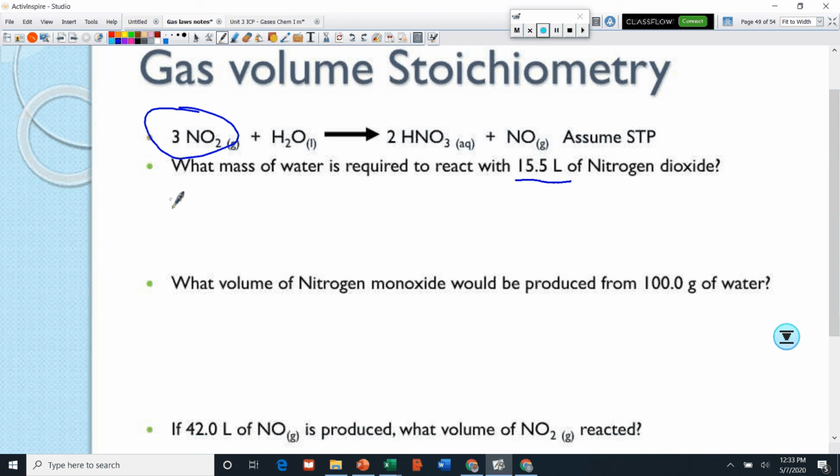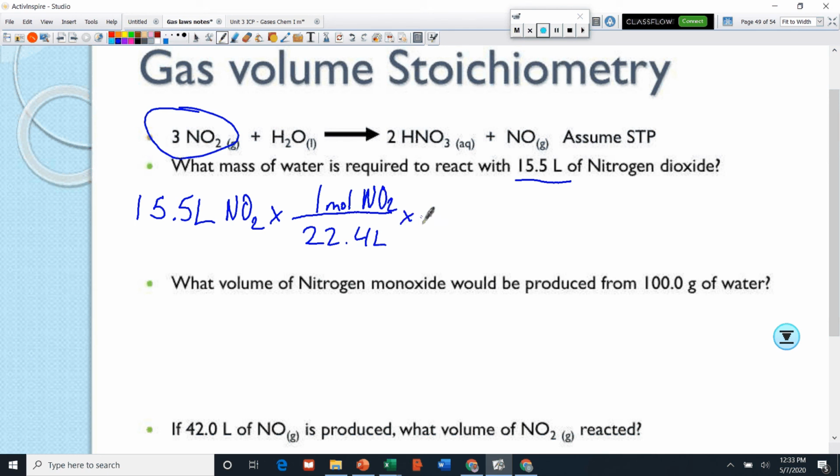So first thing, I'm going to do stoichiometry. So I have 15.5 liters of NO2. I know that there are 22.4 liters for every 1 mole of NO2.